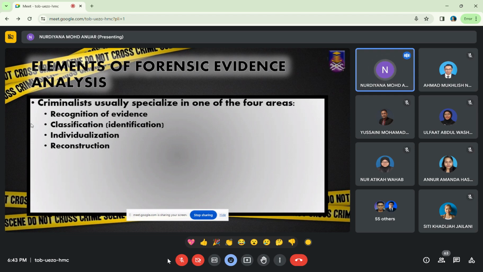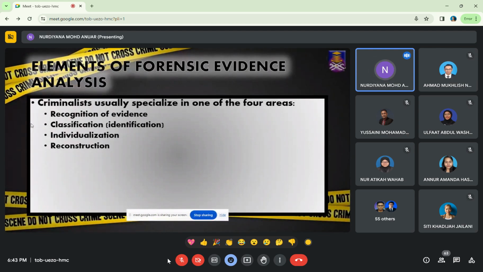Cannot. Dia kena perhatikan yang mana memang betul-betul evidence, yang mana bukan evidence. So that benda ni tidak akan wasting time untuk pihak forensic analyst nak analyse every item, sedangkan some of the items tu mungkin tak ada kaitan pun in that case.